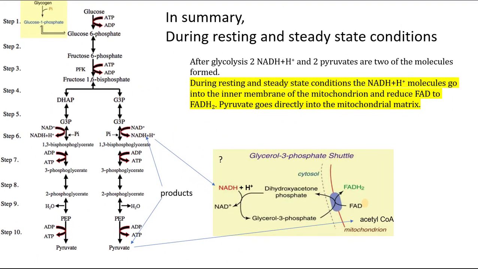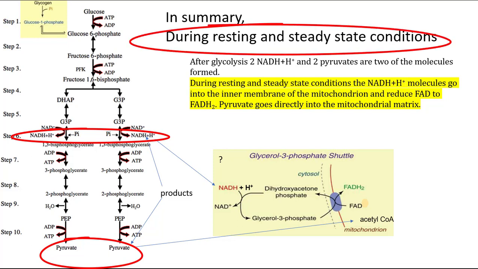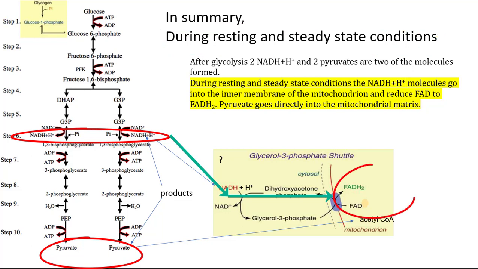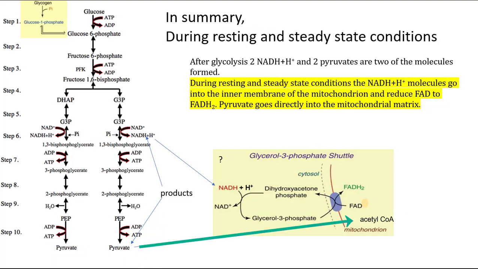In summary, after glycolysis, 2 NADH plus proton and 2 pyruvate are 2 of the molecules formed. During resting and steady-state conditions, the NADH plus proton molecules go to the inner membrane of the mitochondria and reduce FAD to FADH2. Pyruvate goes directly into the mitochondrial matrix.